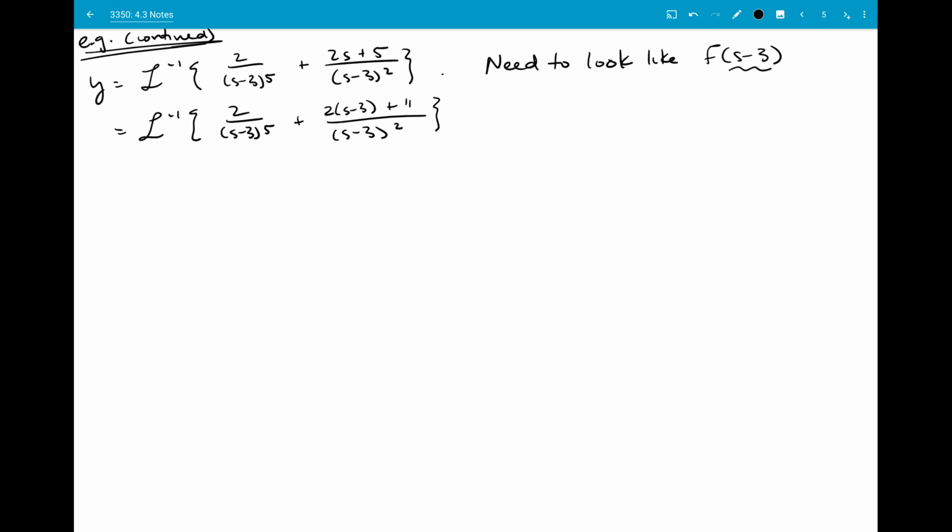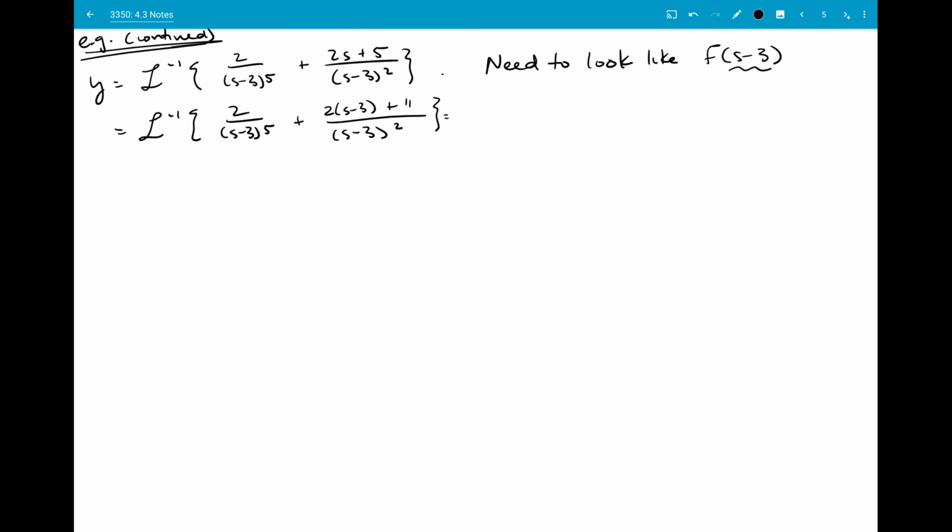And then from here we can use linearity to start thinking about actually computing this inverse Laplace transform. Actually, we're running out of room there.